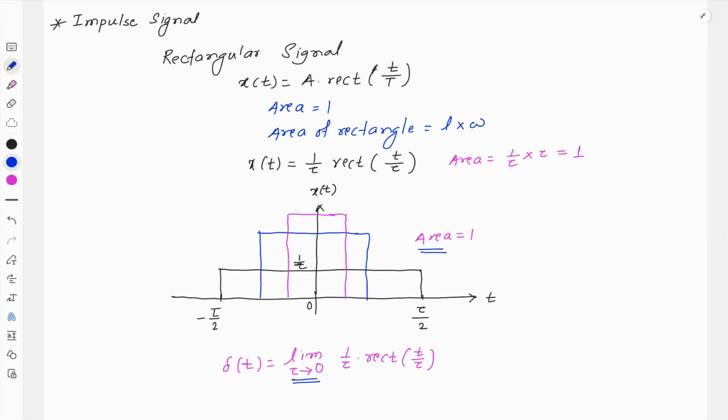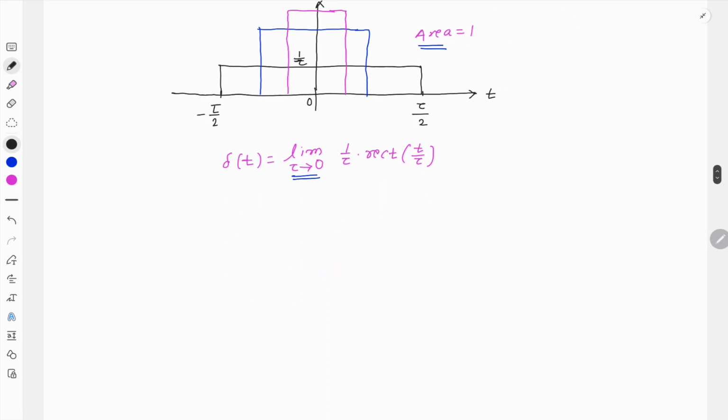So we get impulse function as, this will be the time axis. Now y-axis will be denoted with the delta function, which is called impulse signal. We have origin.